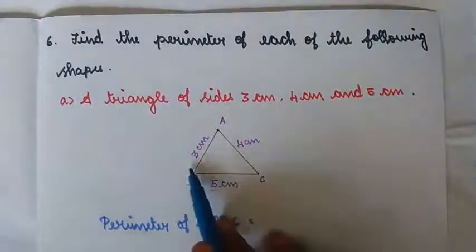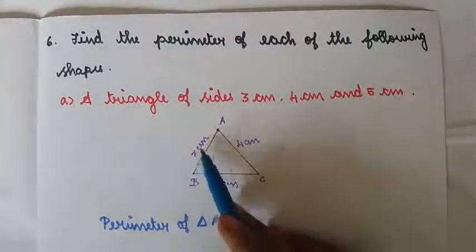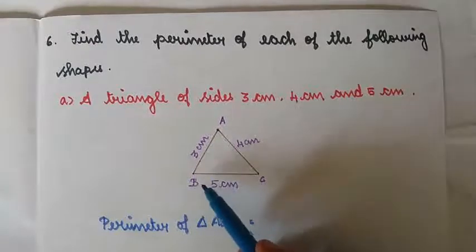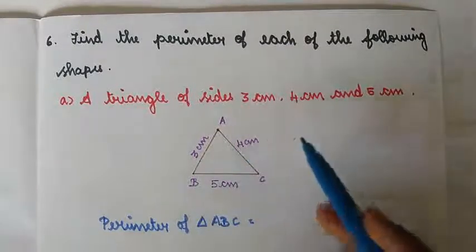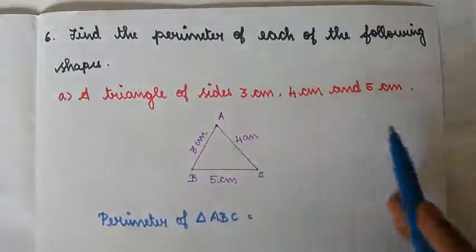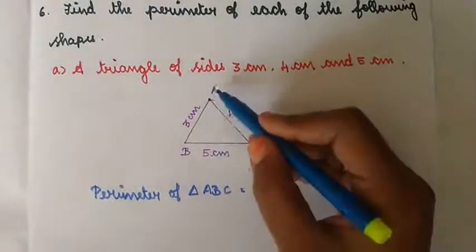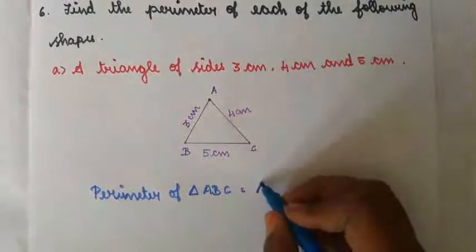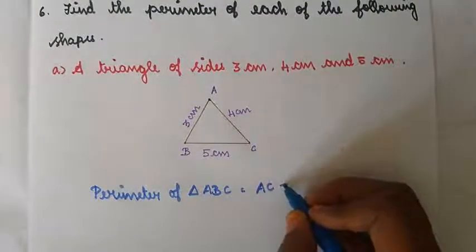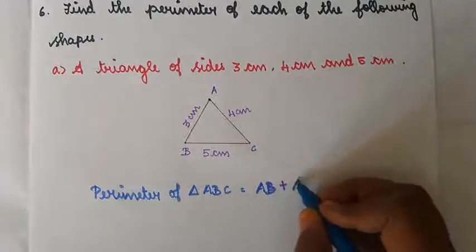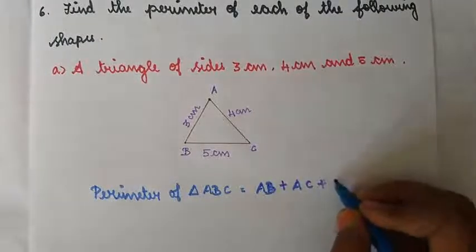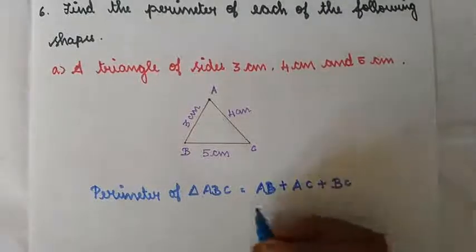Sum of all the sides. So here how many sides are there? Only 3 sides. So we have to add these 3 sides. This is the first side, AB, plus AC plus BC. Okay.